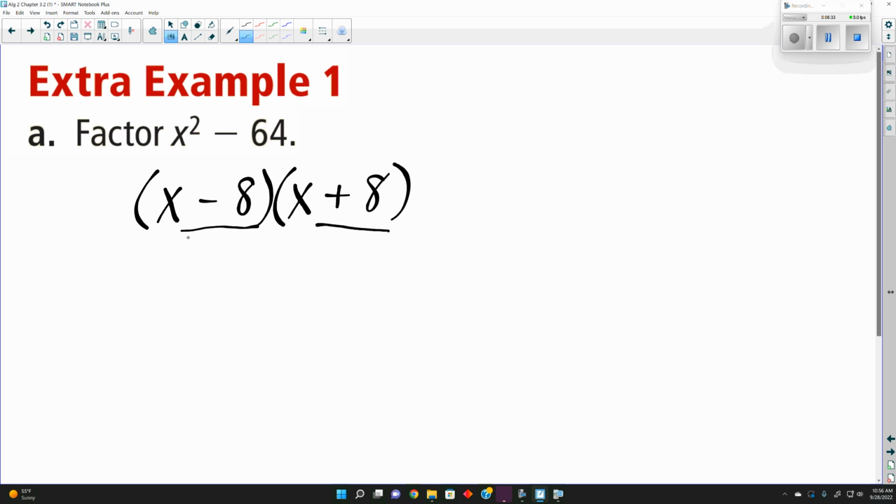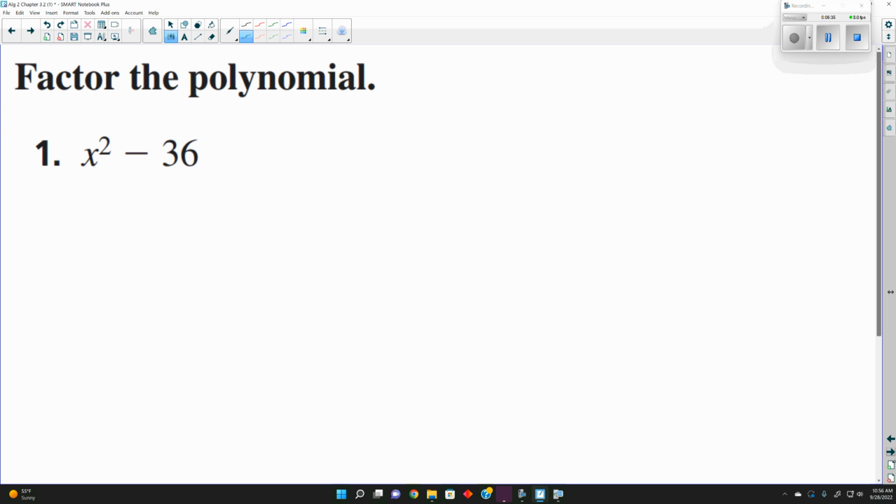Questions on this here? X squared minus 36. So 6 for 36 and x for x squared, yes? So how would this factor? And we could have done it the other way also. We could have said x plus 6 times x minus 6. Either one works.